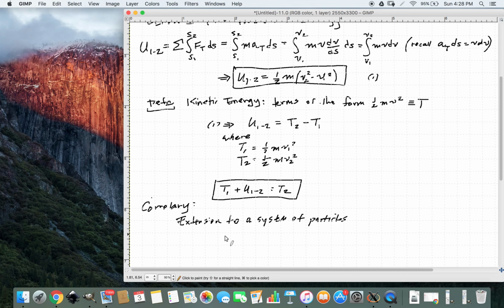We can have some summation of initial kinetic energies, some net work on that system. Okay, so that would be potentially work done on each particle.